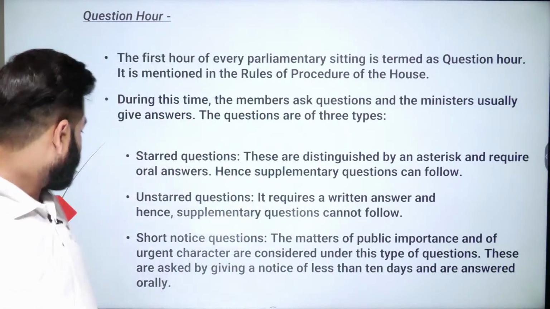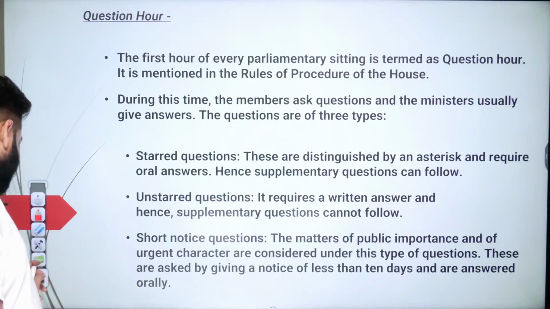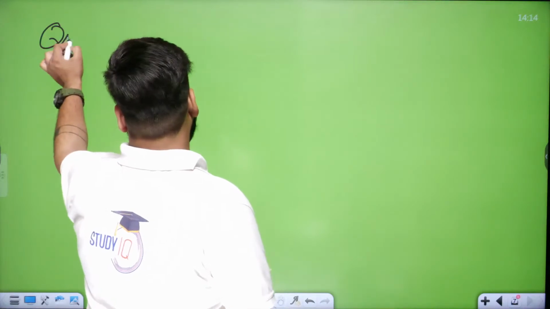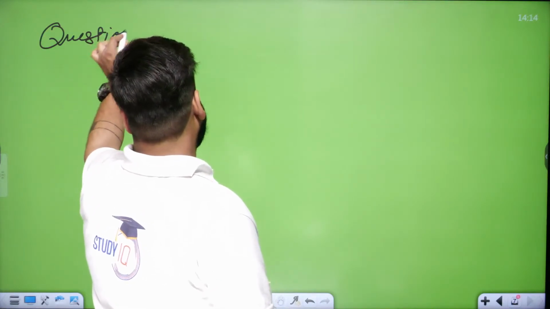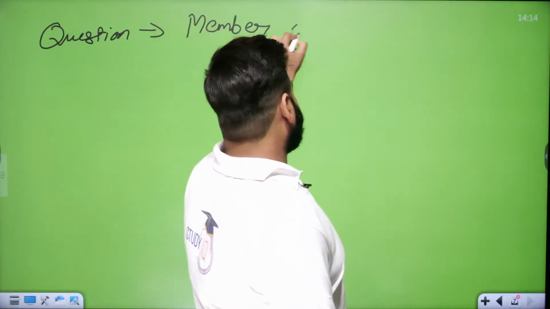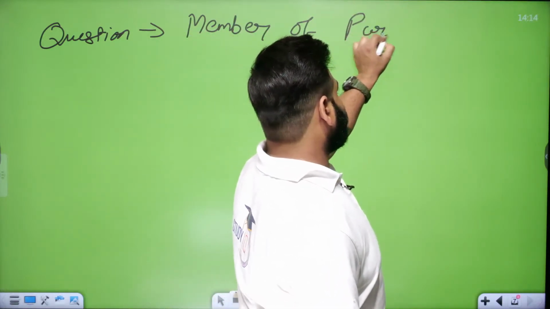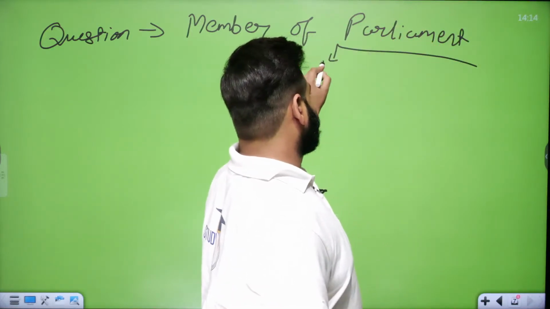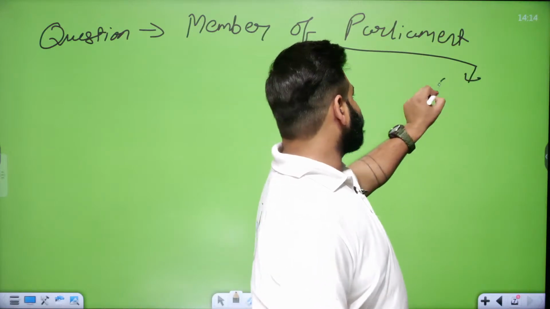So who will be the questioning authority? The question shall come from the member of parliament, as in wherever the proceedings are going on, Lok Sabha or Rajya Sabha, whatever.